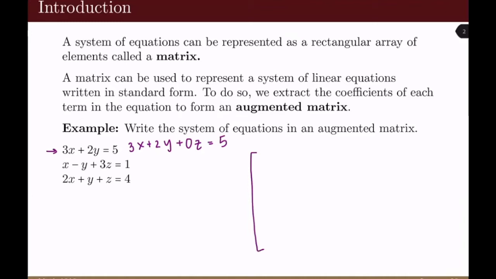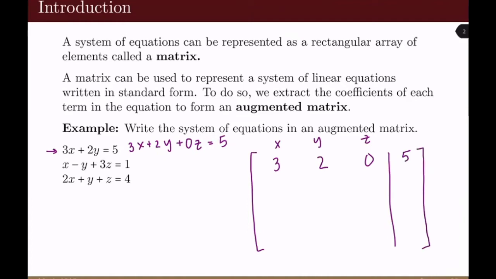My first equation, the x coefficient is going to be 3. The y coefficient is going to be 2. The z coefficient is going to be 0. And then a vertical line will represent the equal sign. And we have 5 as my constant.